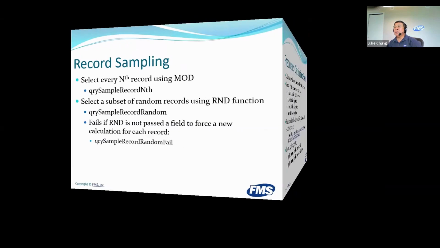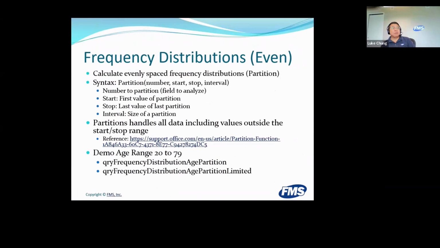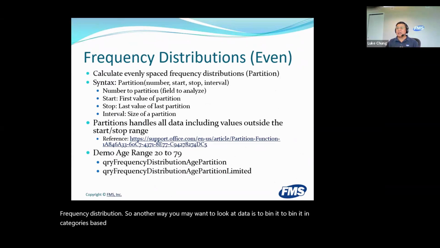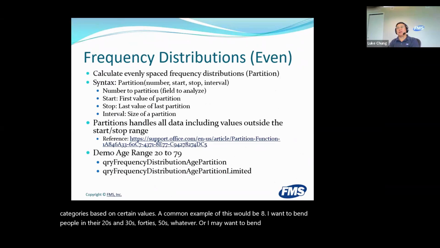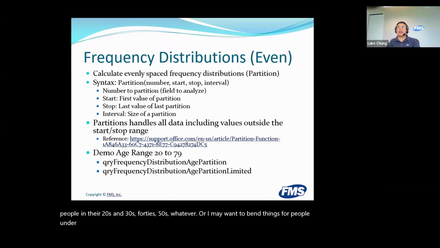Right. So, frequency distribution. Another way you may want to look at data is to bin it in categories based on certain values. A common example of this would be age. I want to bin people in their 20s, 30s, 40s, 50s, whatever. Or I may want to bin people under the age of 35 and in different categories beyond that.